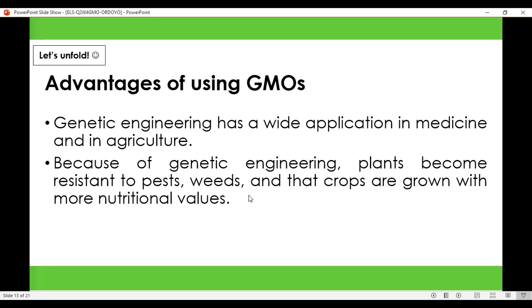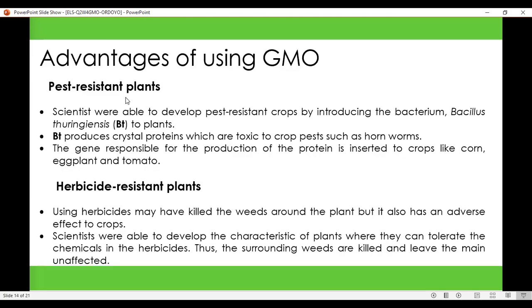So, as we discussed the advantages of GMO, first, pest-resistant plants. Scientists were able to develop pest-resistant crops by introducing the bacterium Bacillus thuringiensis, also known as BT, to plants.